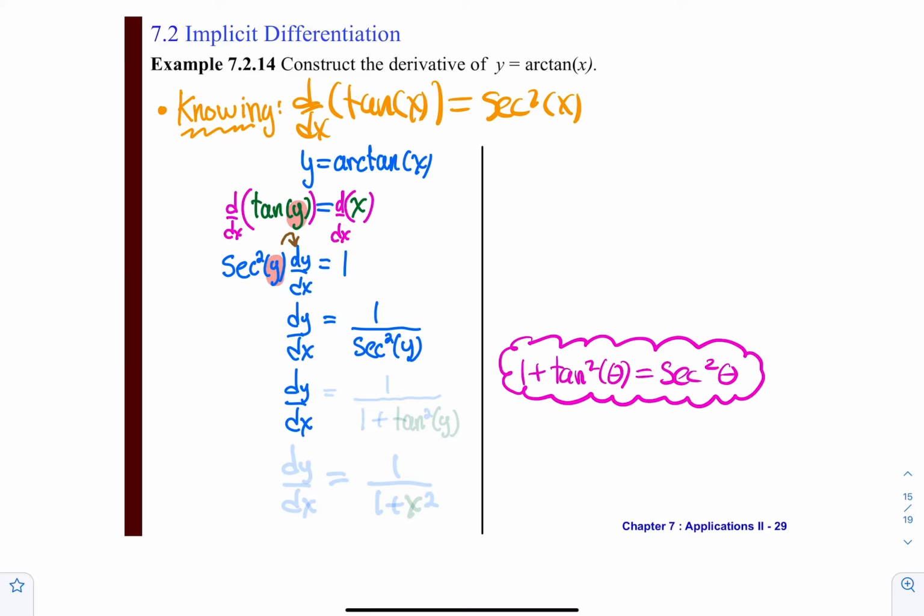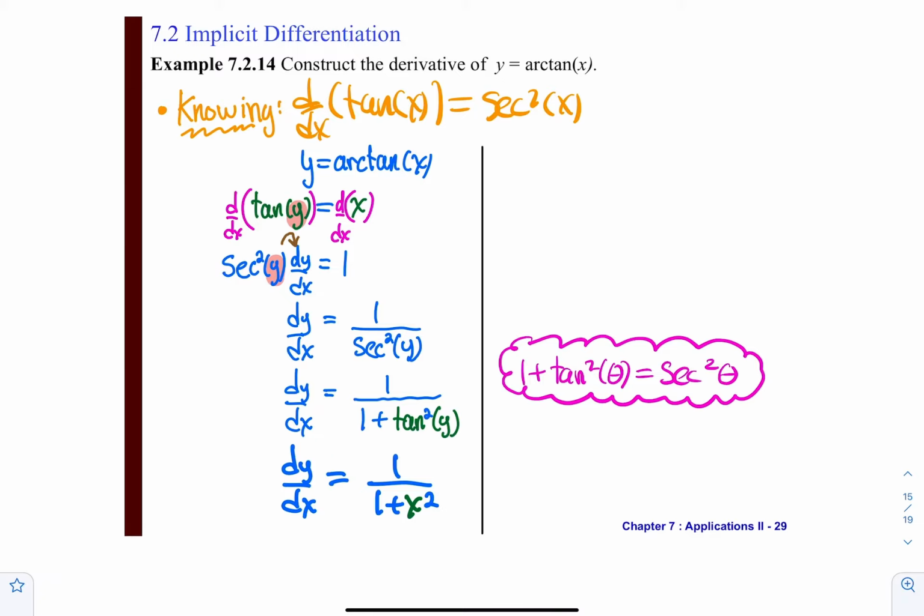So if I get rid of secant squared and rewrite things in terms of tan, I have 1 over 1 plus tan squared of y. And I know what tan of y is. Tan of y is just x. So you get the formula dy/dx is 1 over 1 plus x squared. So all that just to say that the derivative of arctan of x is 1 over 1 plus x squared. Nice.